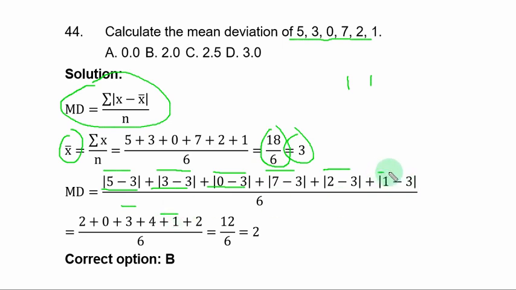And 1 minus 3 is minus 2, which becomes plus 2. If you add all together and divide by 6, you have 12 over 6, and that is 2. So B is the correct option.